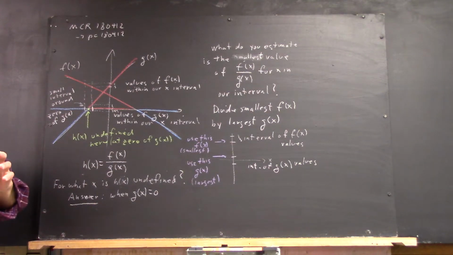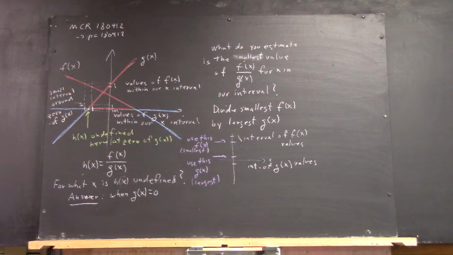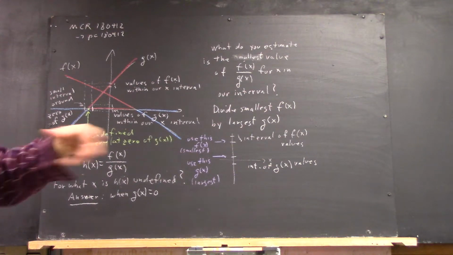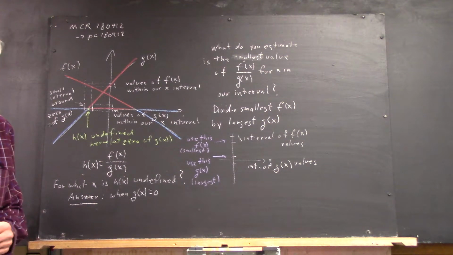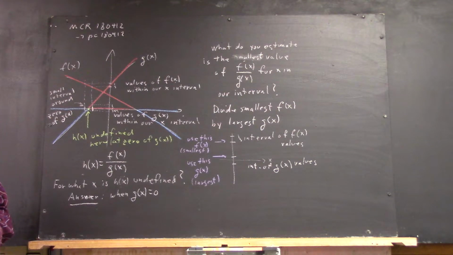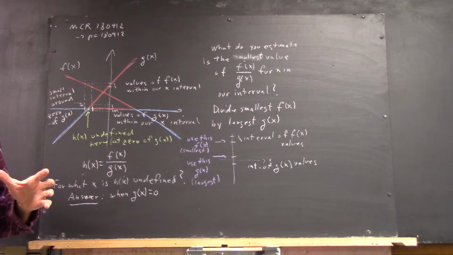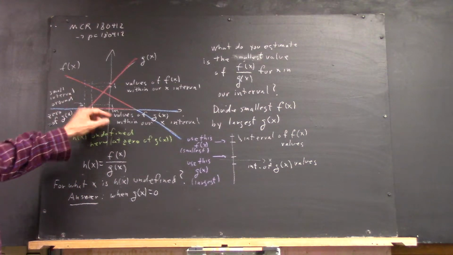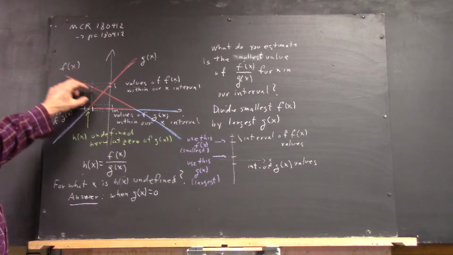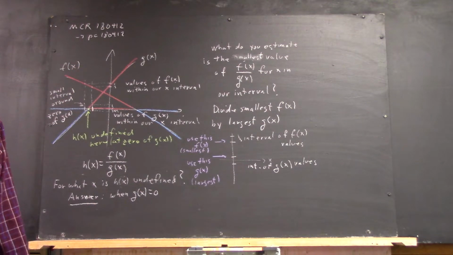We have to understand that, but I assume we do because we've emphasized it for a while now. That was the exercise, I'm not sure when you handed that in. Make sense? We have to understand why this interval is your interval of g of x values and this is your interval of f of x values.